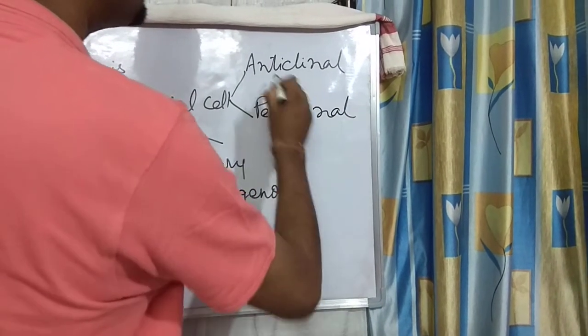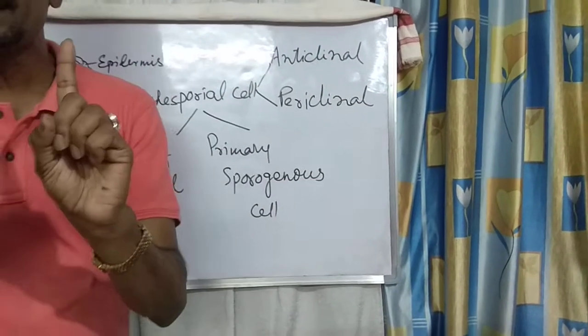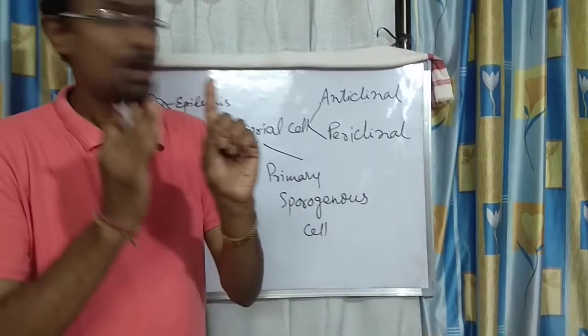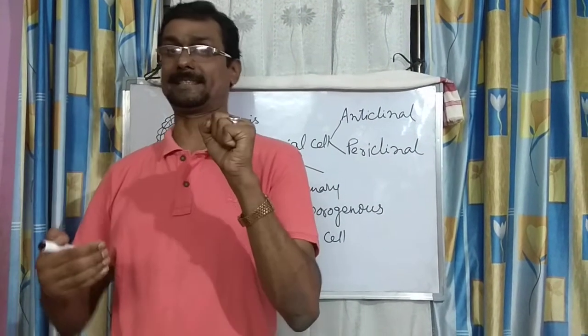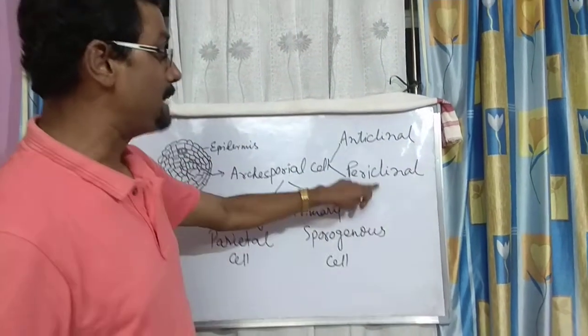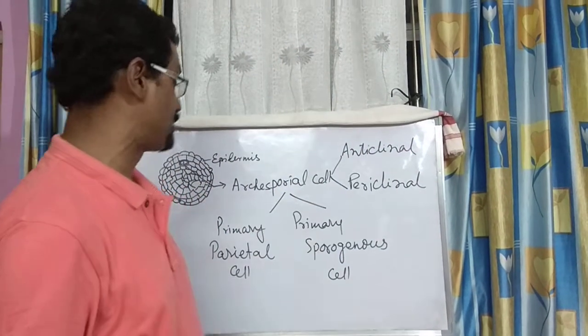Anticlinal division means opposite. Periclinal means parallel. That is, when the division takes place along the long axis, it is called periclinal division, and when it is going just opposite, it is called anticlinal division.